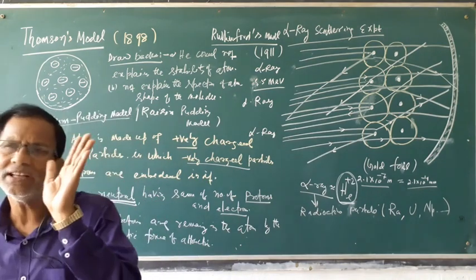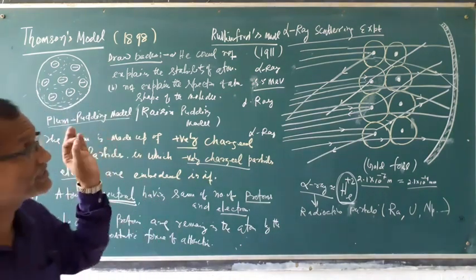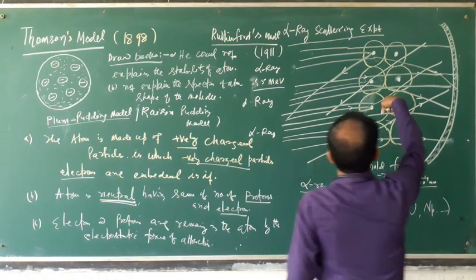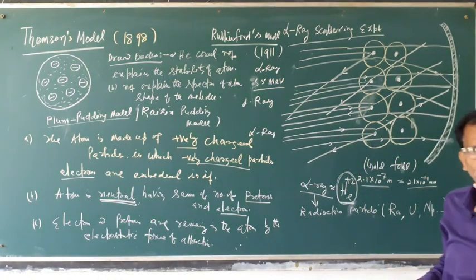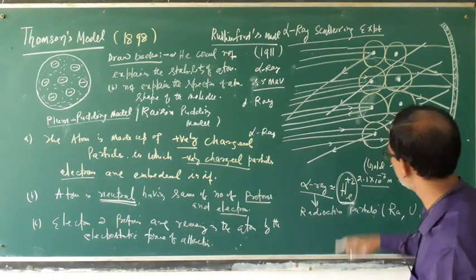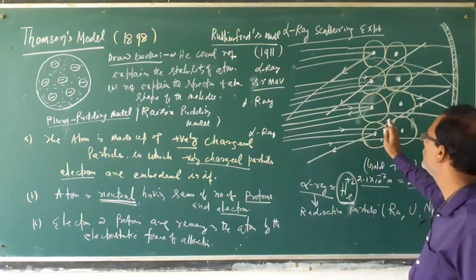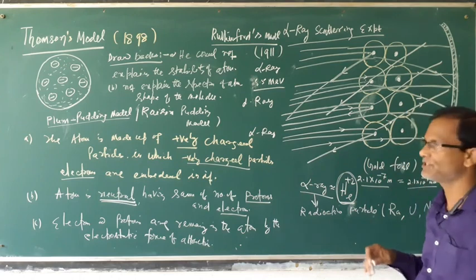We cannot see it with the naked eye. A very thin sheet, gold foil, because gold is highly malleable and highly ductile. That's why it can be used for forming a very thin sheet.